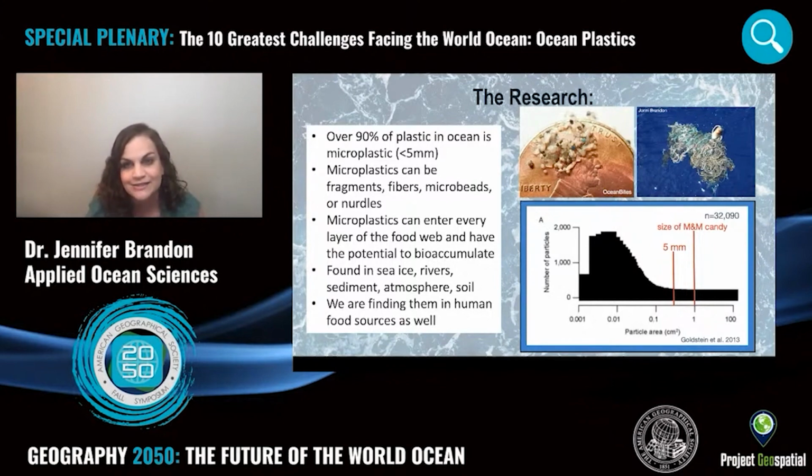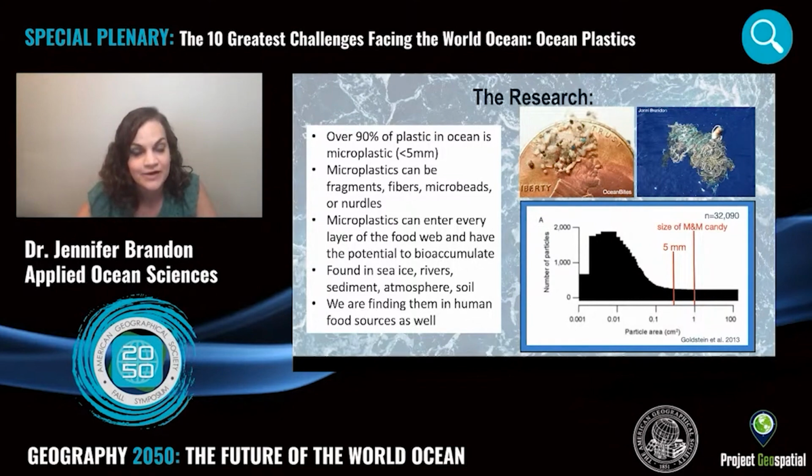I then went and looked at even smaller plastic that had kind of been missed in earlier studies, and I found that we were actually underestimating how much plastic is in the ocean by 5 to 7 orders of magnitude. So the plastic in the ocean is tiny. The vast majority of it by number is tiny, little minuscule microscopic pieces.